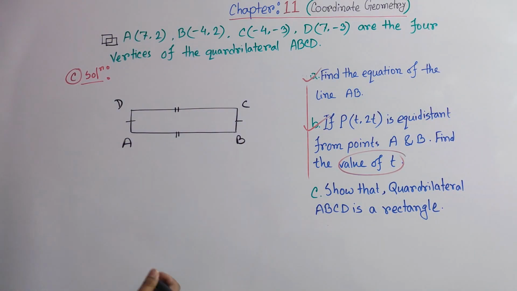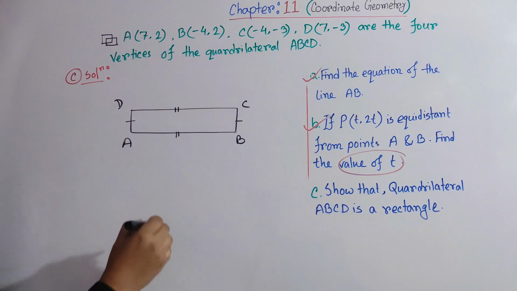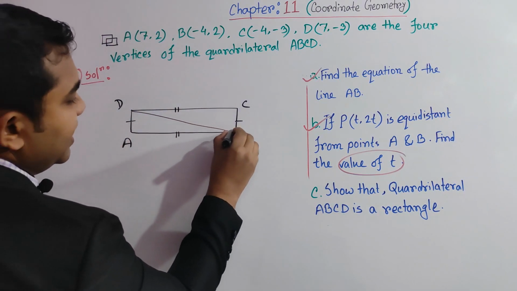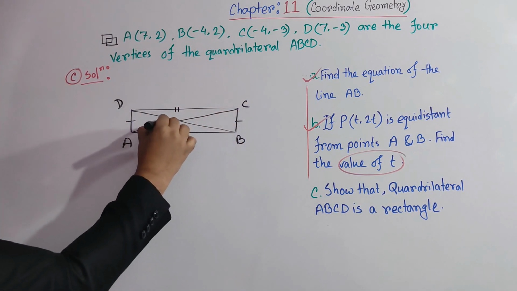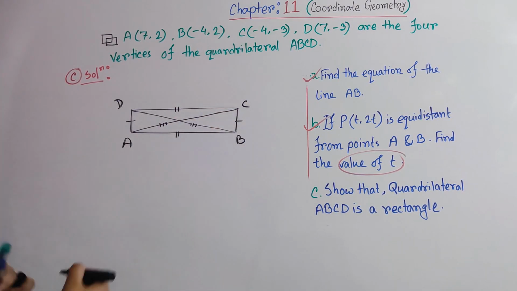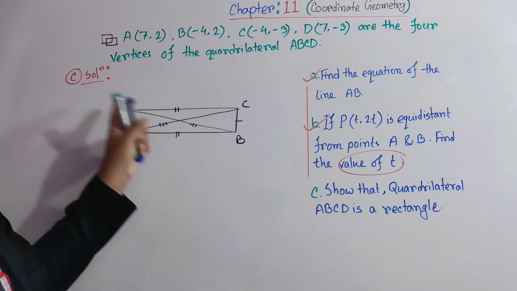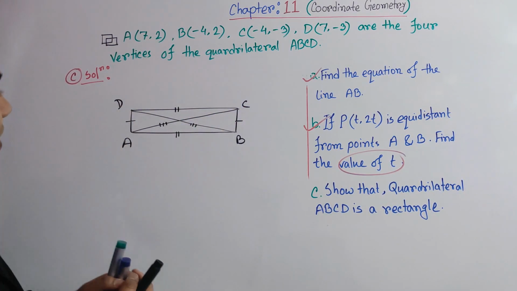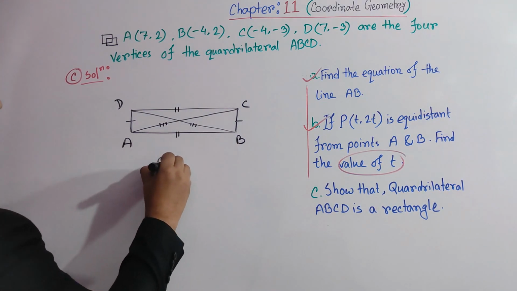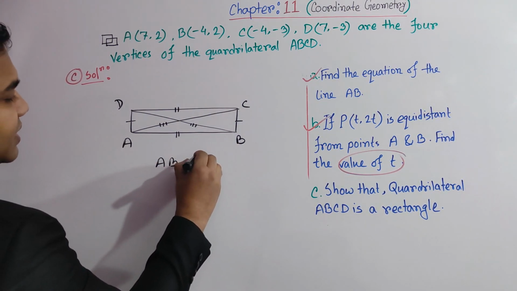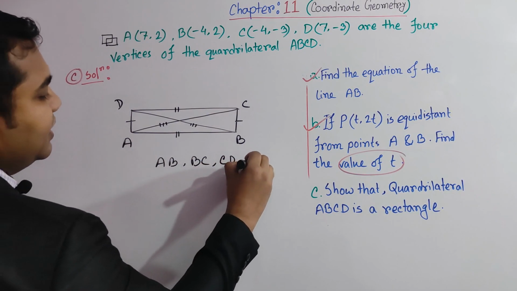That's the first reason. Another very important thing is the diagonals. The two diagonals are also equal, that is, AC equals BD. So we just need to find the values of AB, BC, CD, DA.